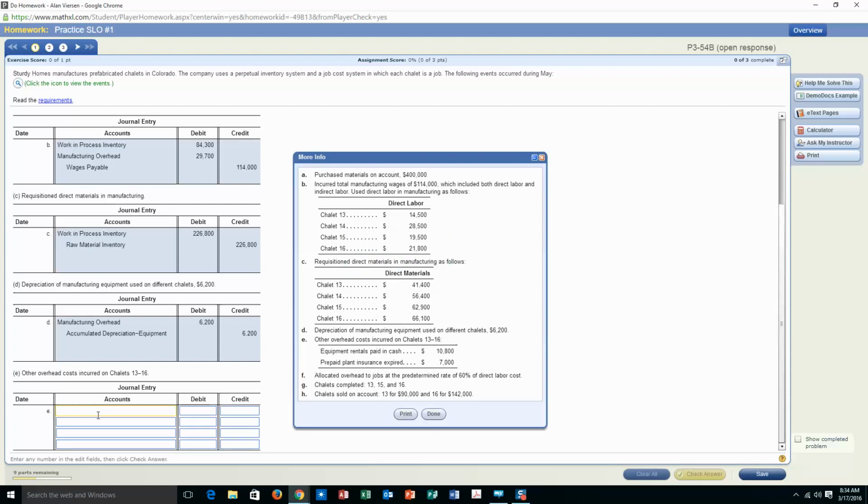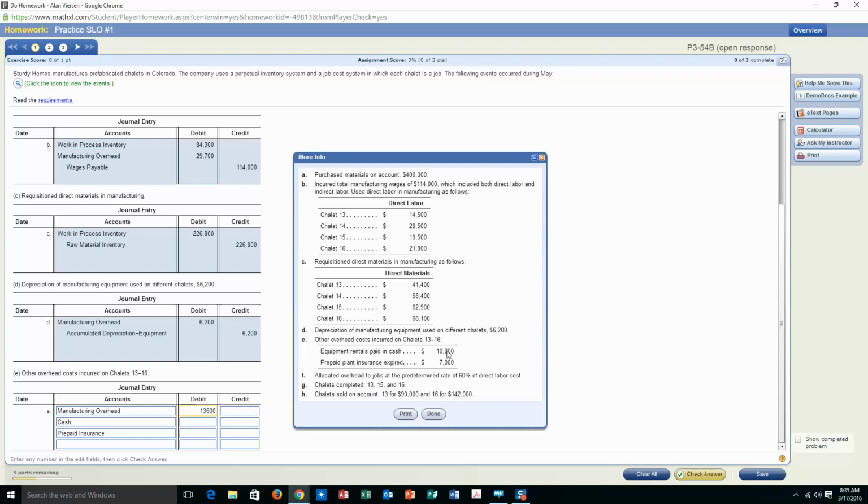When we get to E, there's another manufacturing overhead. Notice I have to type the manufacturing. It's kind of hard for people who don't type, but you'll have to get used to that. Manufacturing overhead. And we have cash that we paid out for rentals, and we also have prepaid insurance. Okay, I'm adding these two together, 13,600.